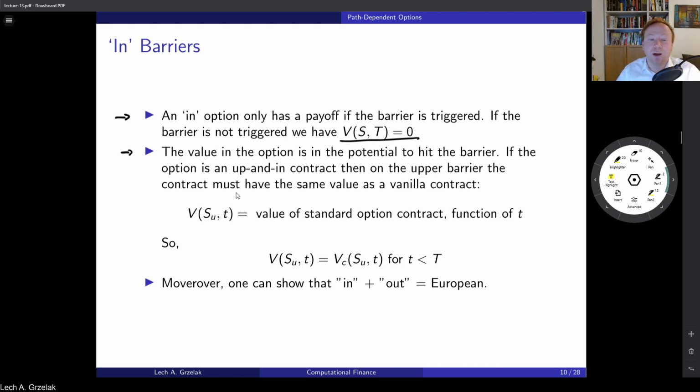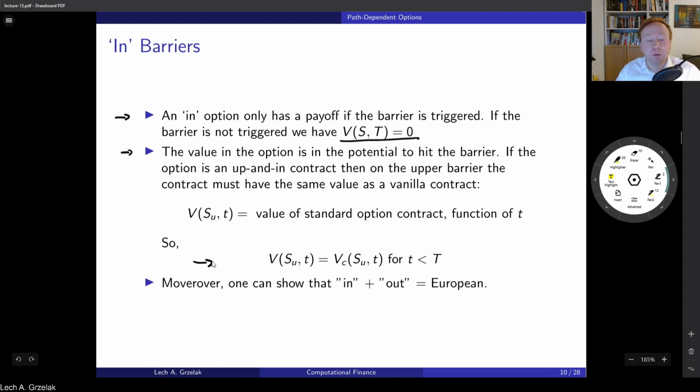But once we are up and in, the boundary condition at the upper barrier has to be equal to the Black-Scholes type of value that we obtain, depending on the payoff we have. So this is what is written here: we have V(SU,T), and then we have the value of a standard option contract. So this is the condition that we have.